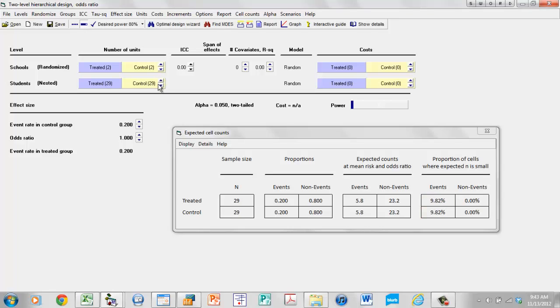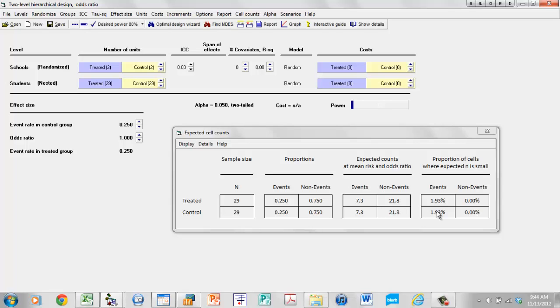In this case, if we bring it up to 29 students per condition, 29 with the expected event rate of 0.2 gives us an expected number on average of 5.8 events, and less than 10% of the schools are going to present a problem of having too low of a cell count. Let's bring this back up to 0.25 for a minute, so that in this case only about 2% of the cells are expected to have a problem.